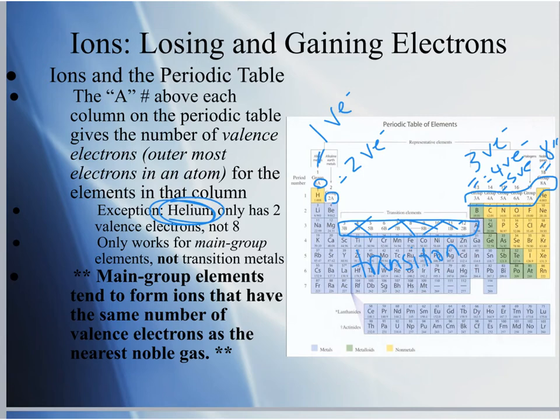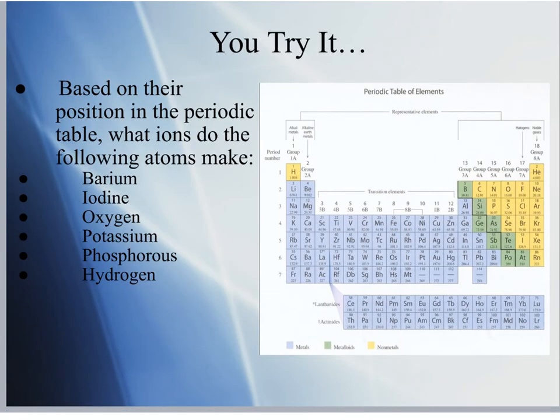All right, so on the last slide, the very last thing I mentioned there in bold is that all of these main group elements are going to become ions that have the same number of valence electrons as their nearest noble gas. So what that means is, let's take a look at group 7. Group 7 has 7 valence electrons.